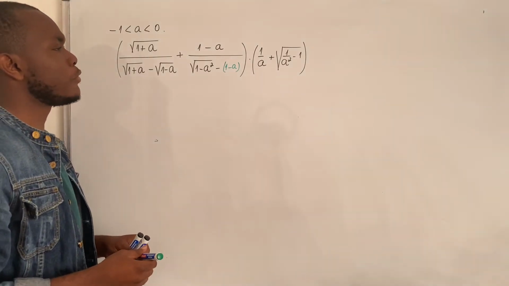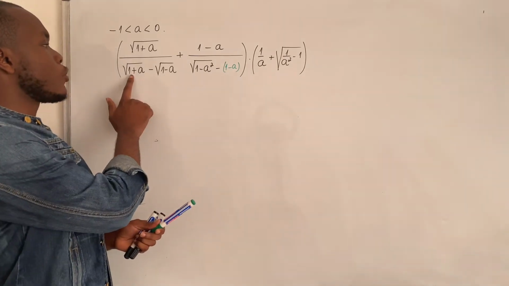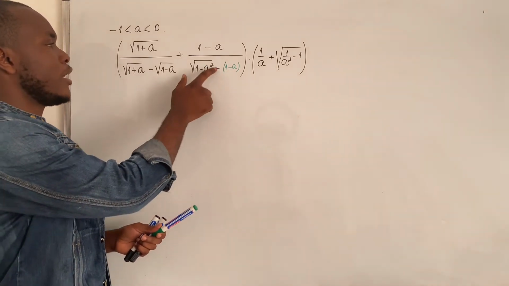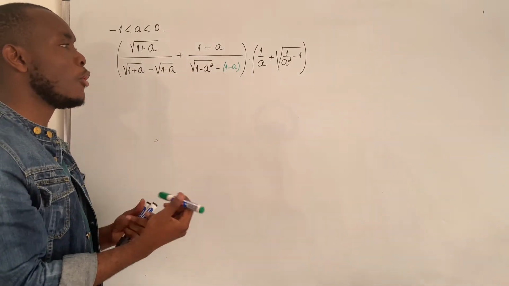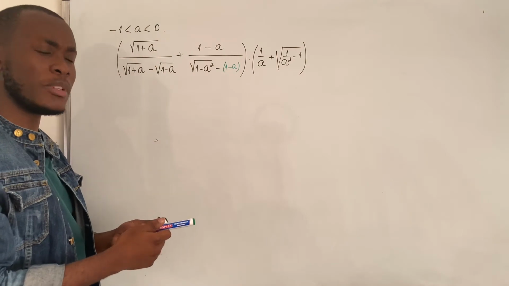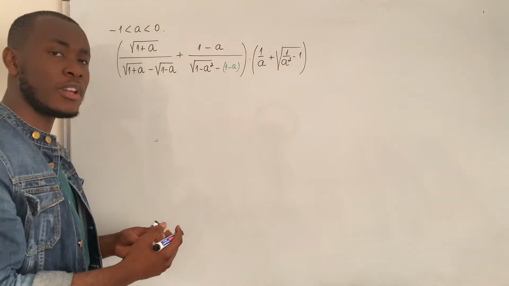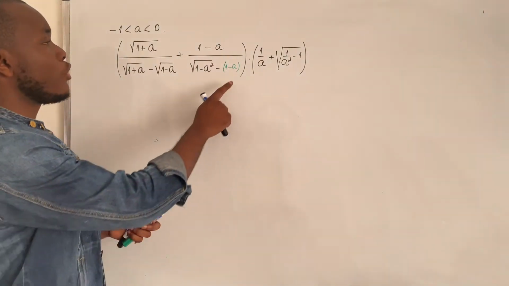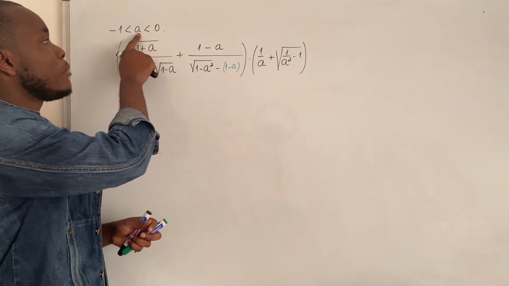Now after factorizing it, we have a square root here and we have a square root here, but in this denominator we have square root only in one, but we don't have here. What if we implement square root? But the problem is, can we implement square root without checking if this number is a positive number or a negative number? According to the condition, a is less than 0. So if a is less than 0, that means a is negative.